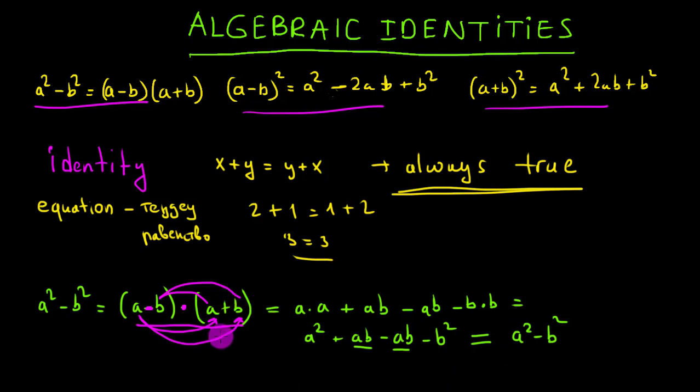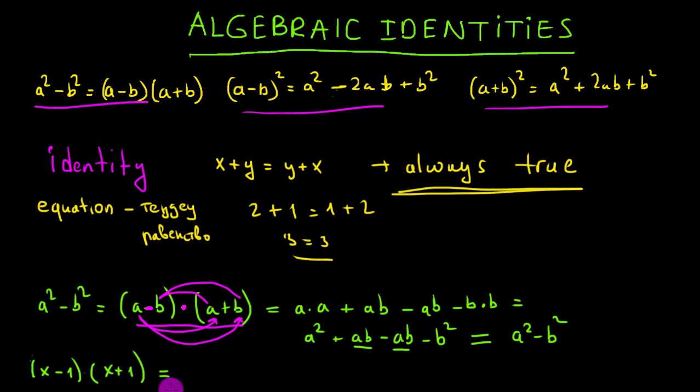So we proved that this kind of expression, you can write as a square minus b square. For example, let's say you have x minus 1 times x plus 1.